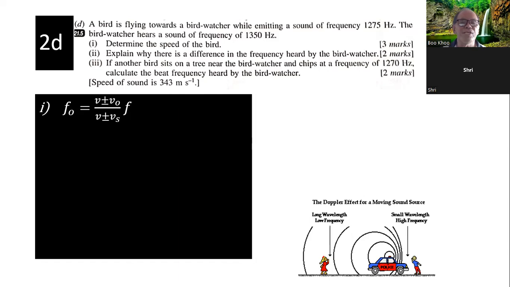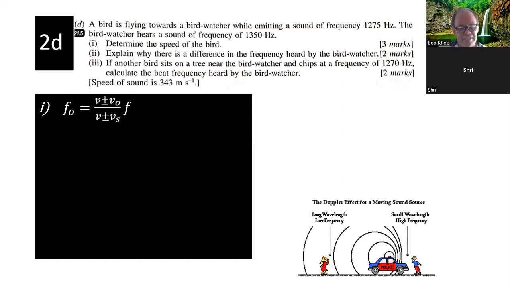V naught is 0. VS is what you want to find.